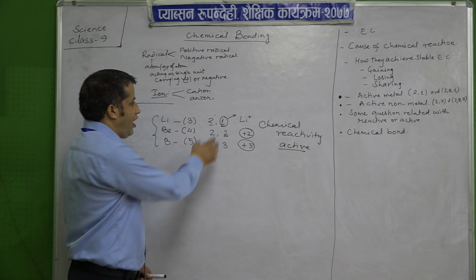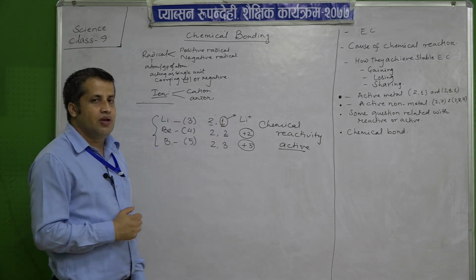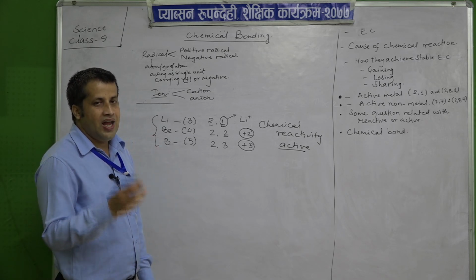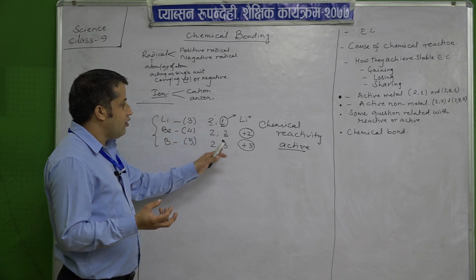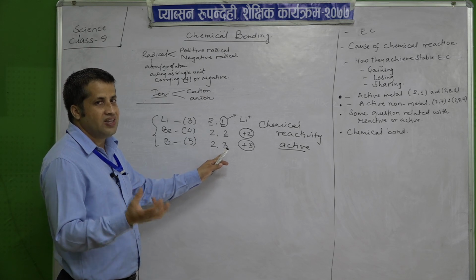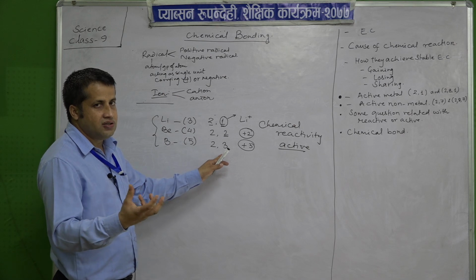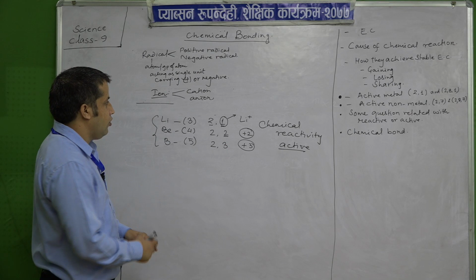They are metals, but how easily they can lose the electron depends upon the number of electrons possessed by them as well as the number of shells in which they lie. Active means how fast they can lose and make a compound with another element.